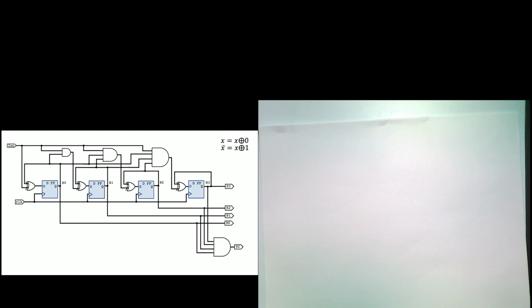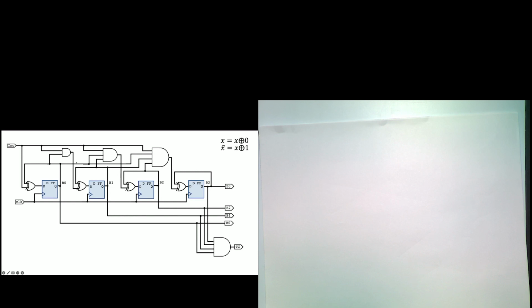Okay, so that's what it looks like if we do this. Right? We have a flip-flop holding each of the 4 bits. And the next value for each of these is basically the XOR of the current value. For B0, we just need to know whether it's supposed to count or not. So if we don't count, it'll just be B0, and if we do count, it'll invert.